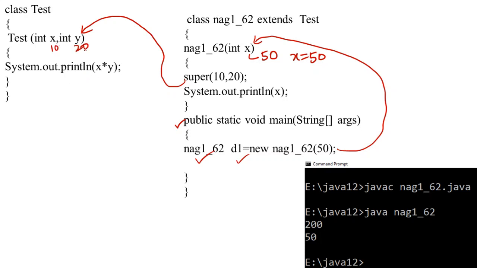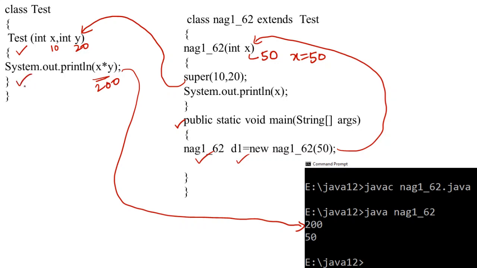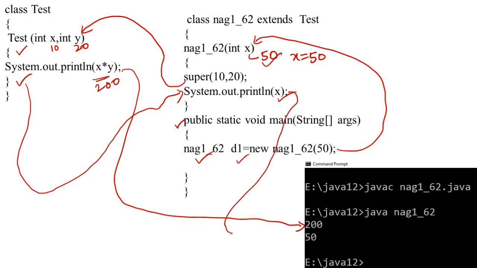System.out.println x star y, 10 into 20 means 200. That is what it displays on the output screen. After executing, this is the end of the constructor. Again, control will go back to System.out.println x. What is my x value? 50. Therefore, it will print 50.